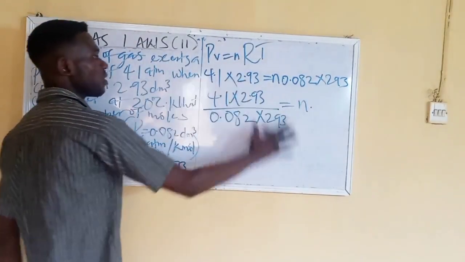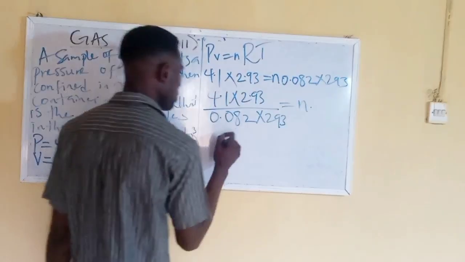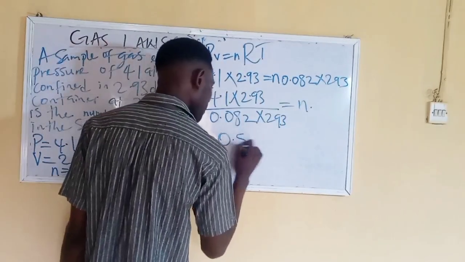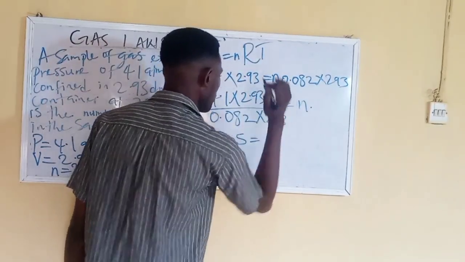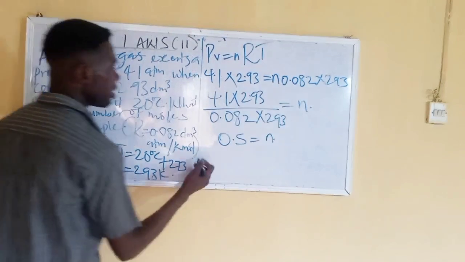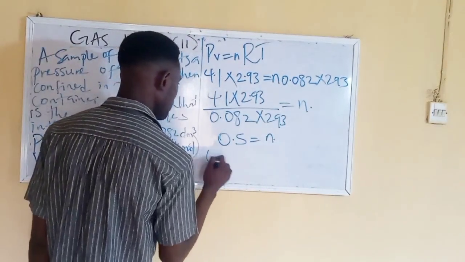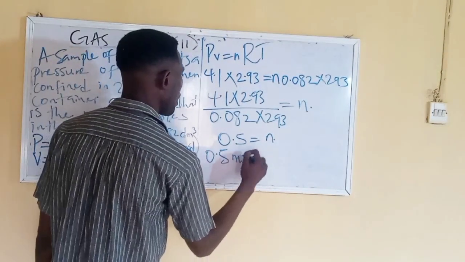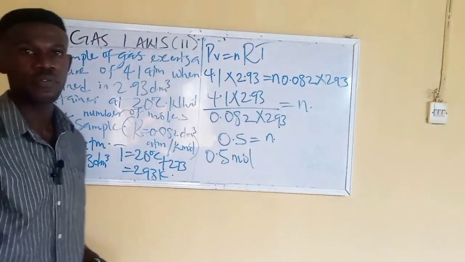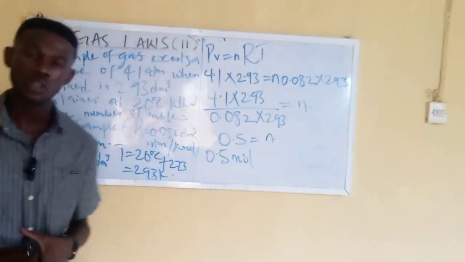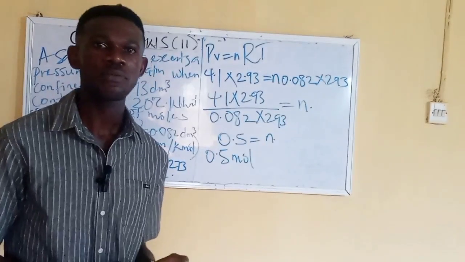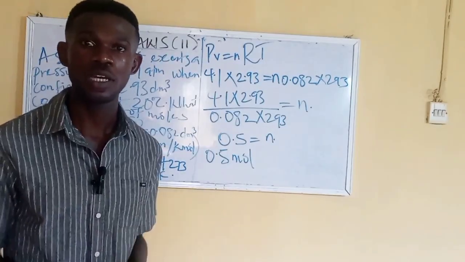The entirety of this would give you 0.5. So that means our number of moles here is actually 0.5 mole. That is how to carry out your calculations as far as the ideal gas law is concerned.